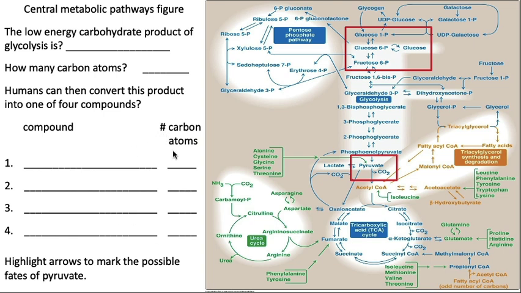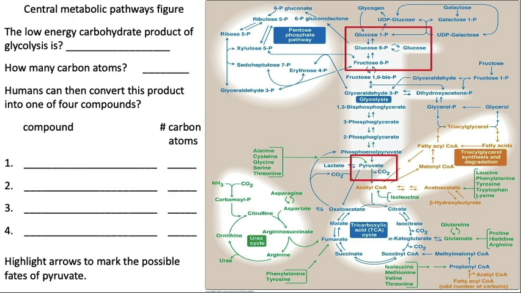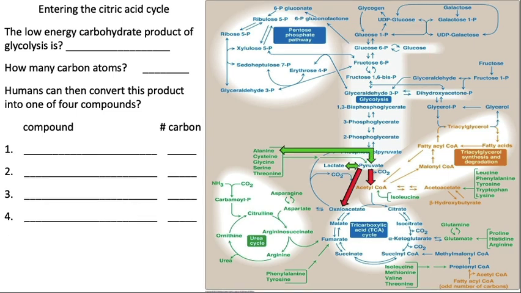And for each of them, list the number of carbon atoms. It turns out the number of carbon atoms is going to help you sort things out. In fact, the information I'm looking for is right here in the figure, so go ahead and fill it out, but I'm going to move on.